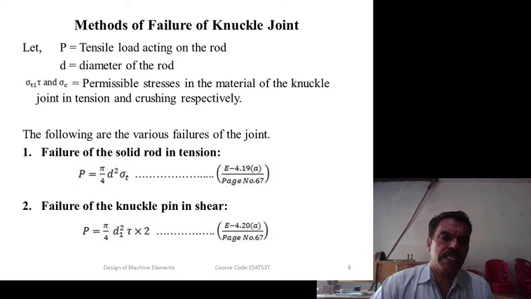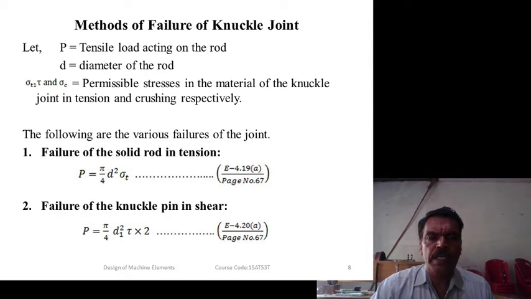Therefore P is equal to pi divided by 4 d1 square into tau into 2. This formula is also available in DDHB, page number 67, vide equation number 4.20a.